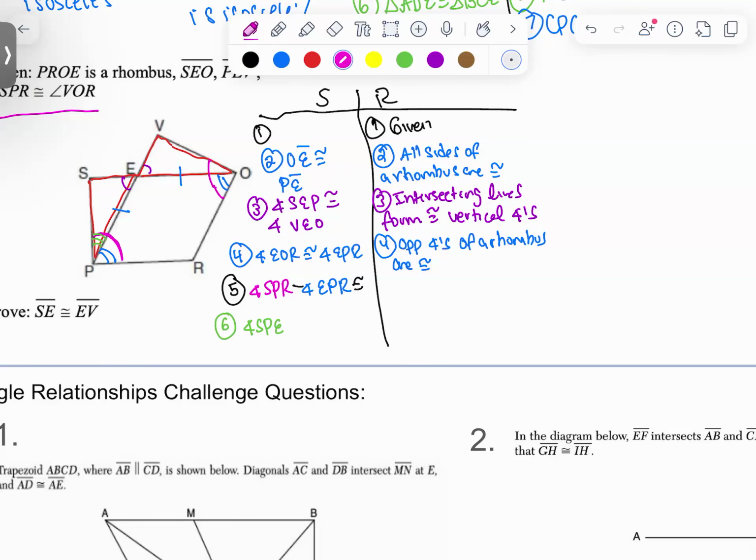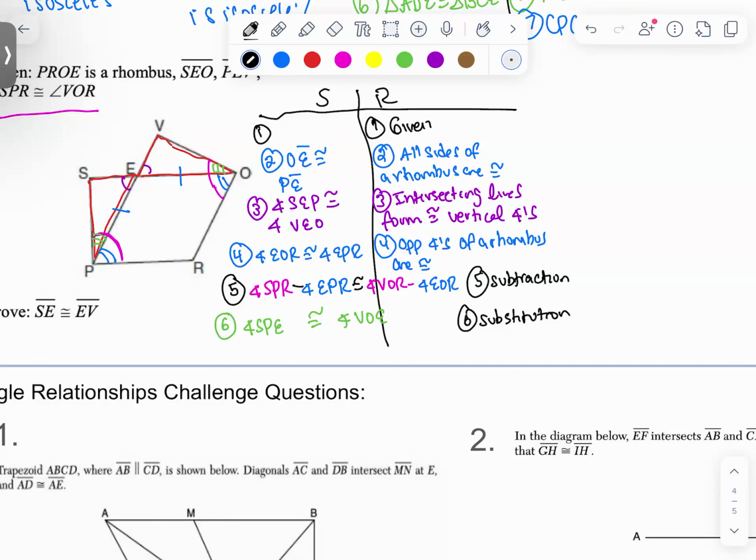And then if I take the other pink angle, angle VOR, and from that subtract off angle EOR, I will be left over with angle VOE, which is the angle that I want inside of the triangle I'm proving congruent. So the step over here is subtraction. And then over here, we have substitution.